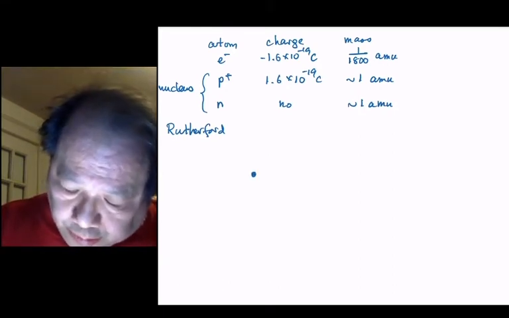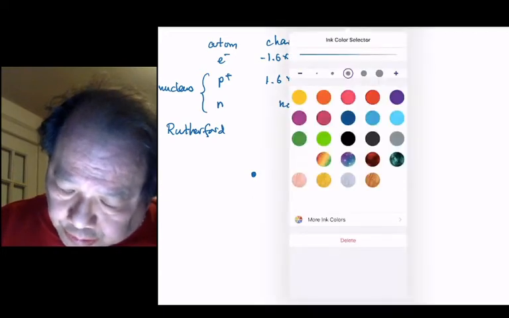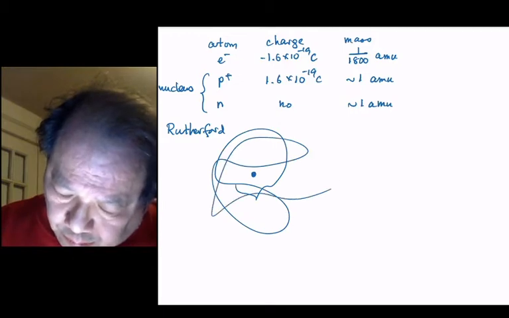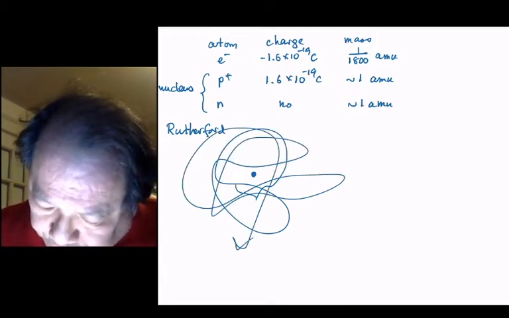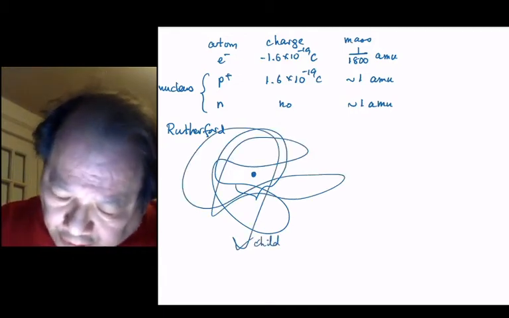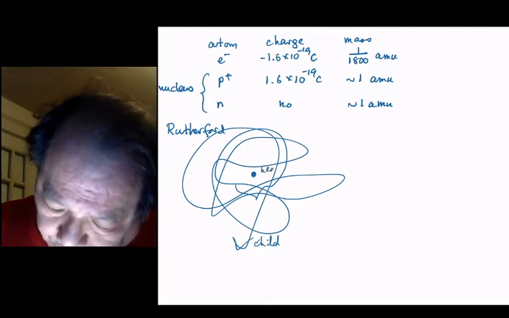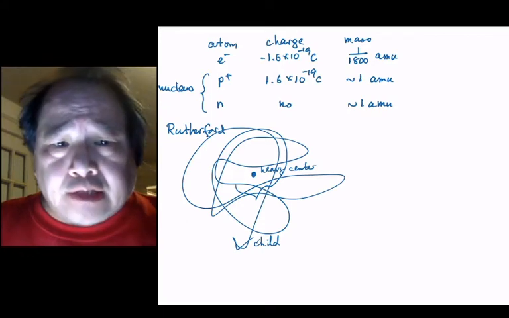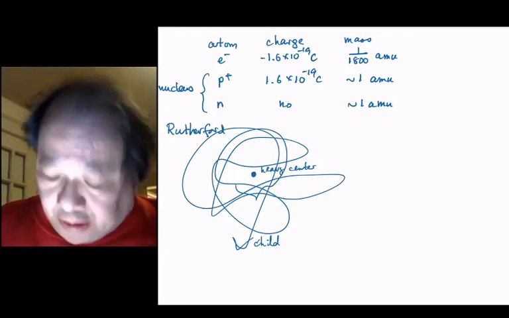So here's the small child running around like crazy. Here's the child, and here's the heavy center. That's actually a pretty accurate picture of the atom.